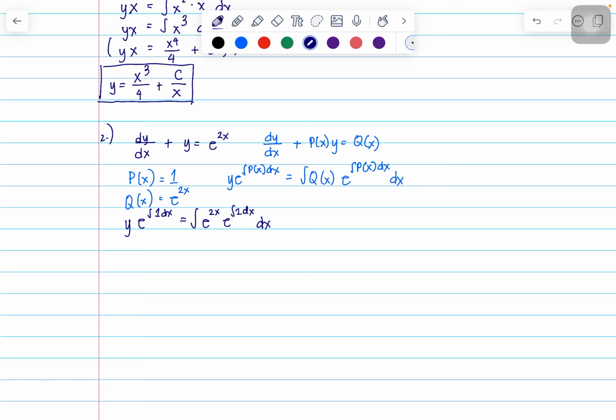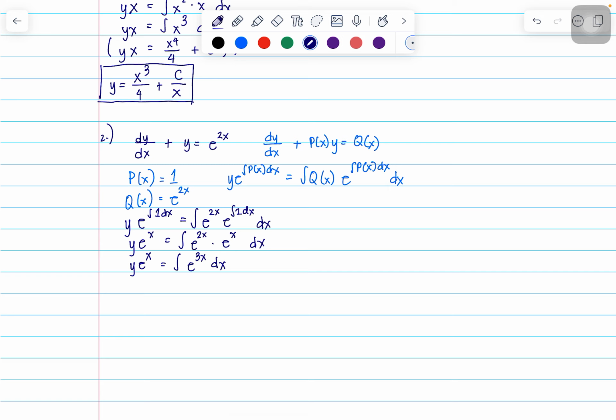So the integral of 1 is what? That is x, right? So basically that's y e to the x equals the integral of e to the 2x times e to the x dx. Right? So by rules of exponents, we can simplify that to e to the 3x dx.